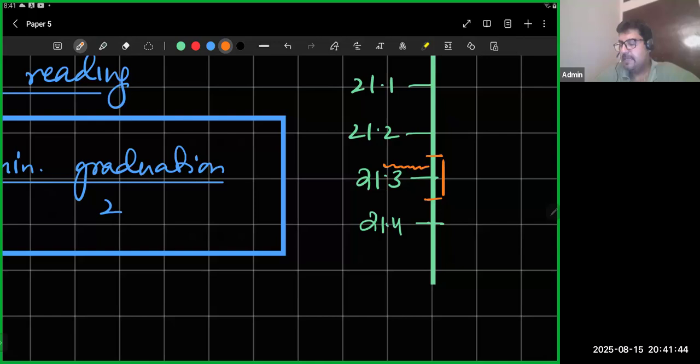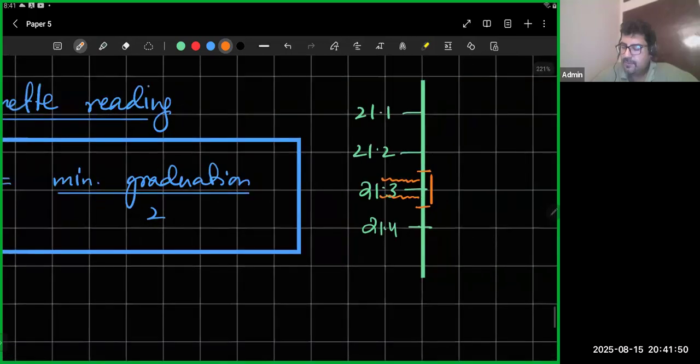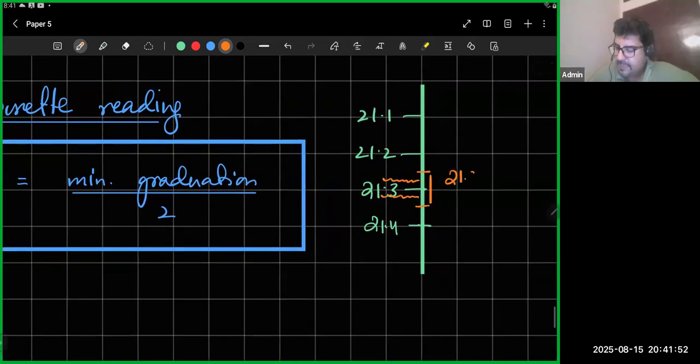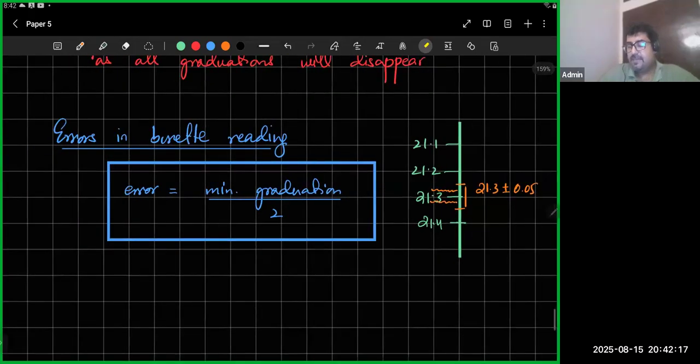Your value is somewhere slightly higher, or it might be slightly lower. So your readings have this error in them, because you can't really guess. So the error is always half a graduation up and half a graduation below the actual value.